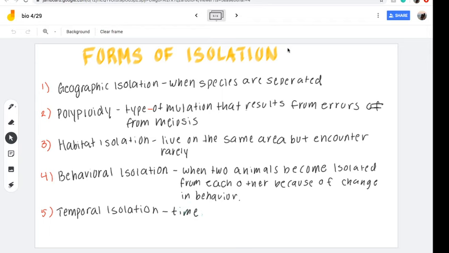For example, different plants of one species living in the same area may become separated into two populations because some plants become sexually mature earlier and begin flowering in the cooler part of the season, while other plants flower in the later, warmer part of the growing season. So they become seasonally isolated and timely isolated.